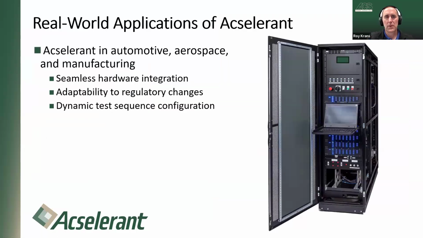Now we're going to talk about some real-world applications. Daniel is going to start talking about this particular system. Yeah, so this test system here was developed for a customer who was developing control modules for an aviation application that actually went into a full Iron Bird type setup. There were all kinds of control modules that had to talk to some master controllers.